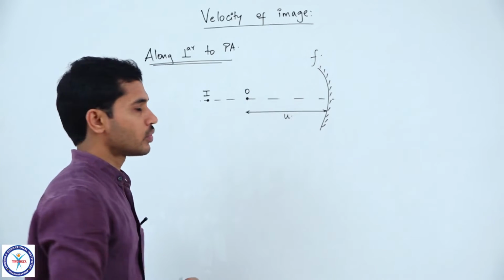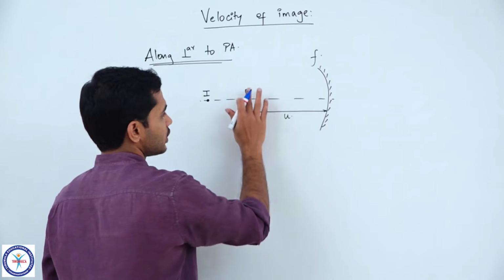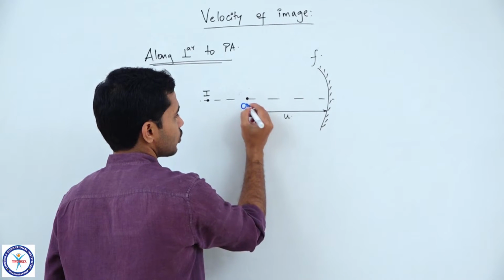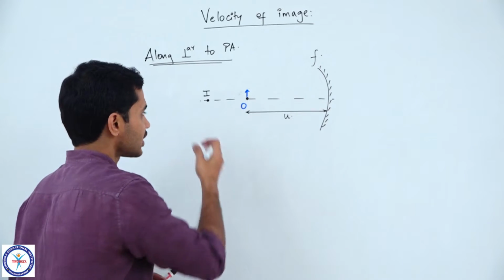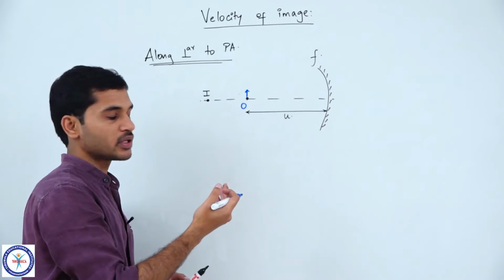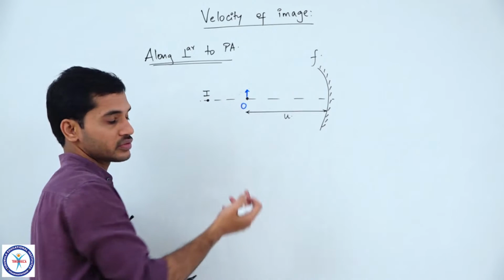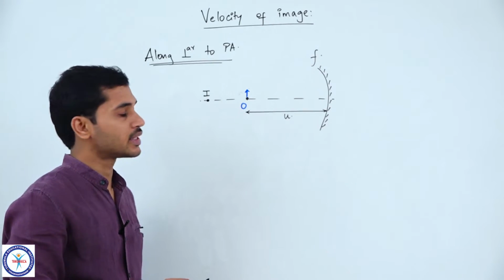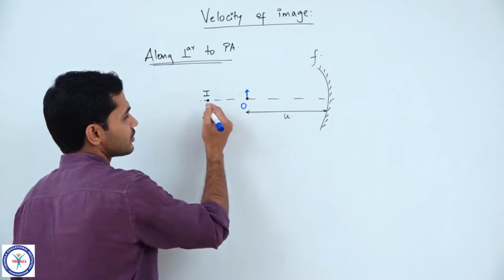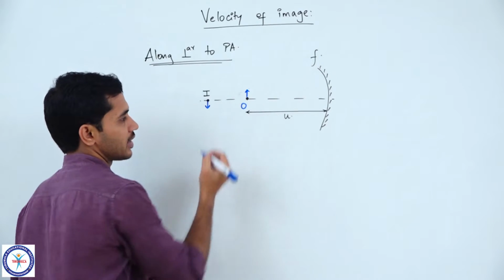Okay. Now, if this object has a velocity, so let us say this is the object. If this object has a velocity in this direction, we can say that image will also have some velocity in the perpendicular direction, either upwards or downwards, depending on factors that we will see. So, for representation I will just write it like this for now.